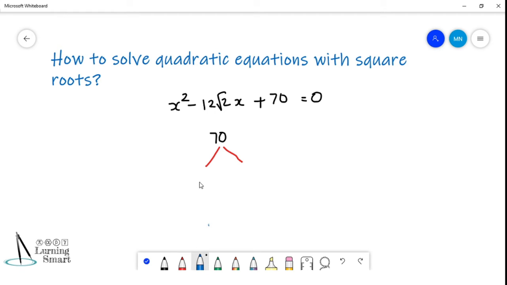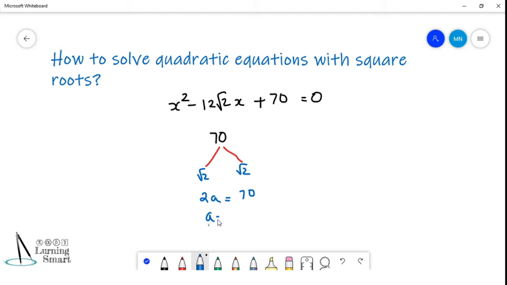Just write root 2 in both sides. Okay, so when you multiply them, root 2 multiplied by root 2, it's 2. And find a number a such that when you multiply 2 and a, you should get 70. What is a?